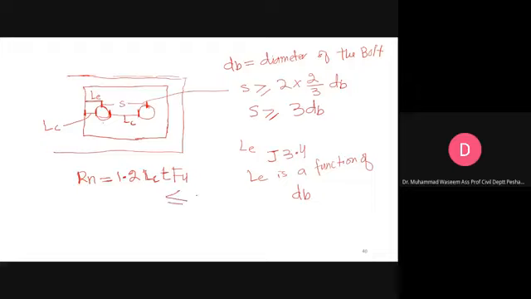It should always be less than 2.4 d t into Fu.